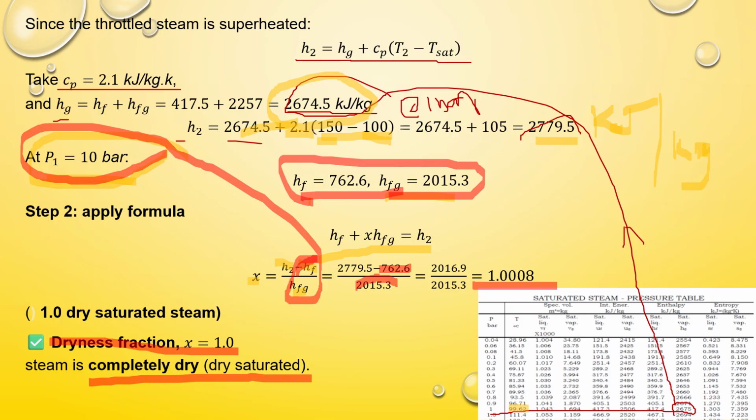So by solving this numerical, we can understand working of throttling calorimeter, how to use the steam table, and how to solve the numerical using steam table.